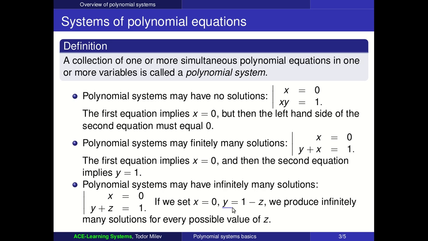If I replace y with 1 minus z, z cancels, and I always satisfy the equation y plus z equals 1. So this would be a system that has infinitely many solutions. For every value of z, I can produce one value of x, namely x equals 0, and one value of y, namely y equals 1 minus z, which solves my system.